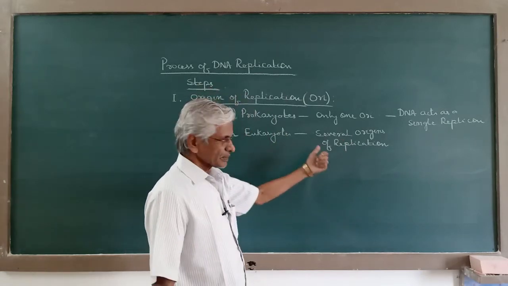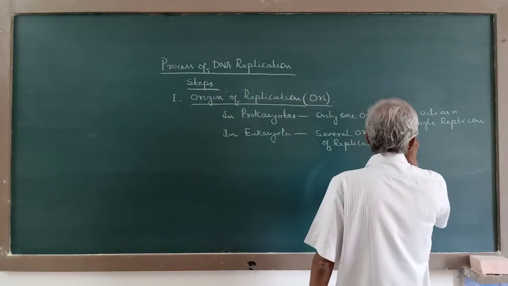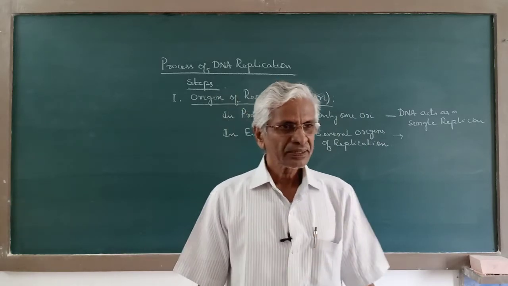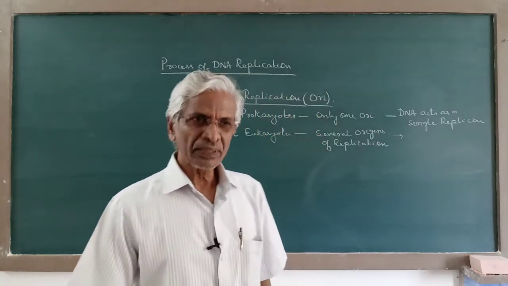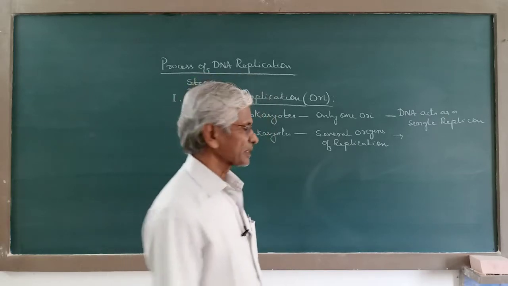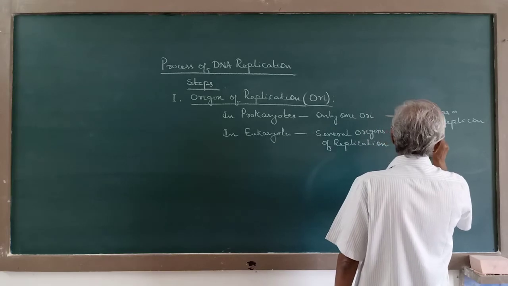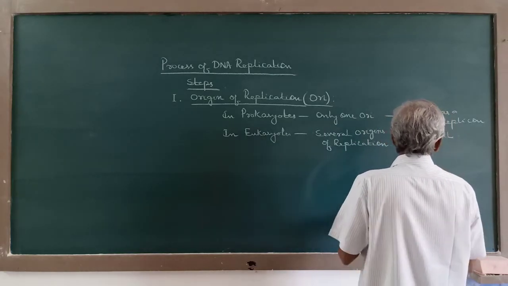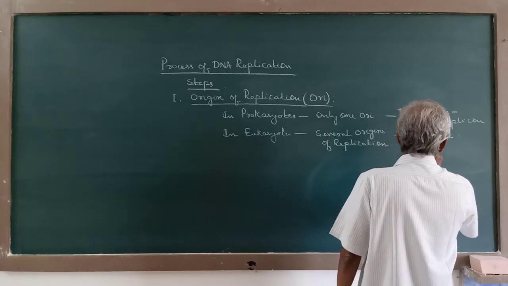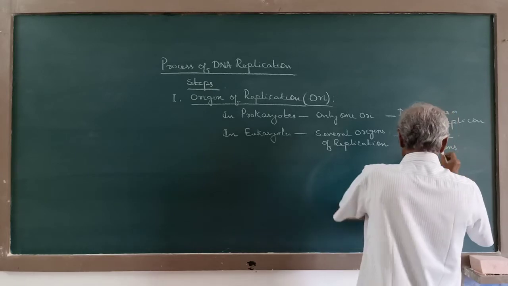Whereas the eukaryotic DNA has multiple replicating units, or several replicons.